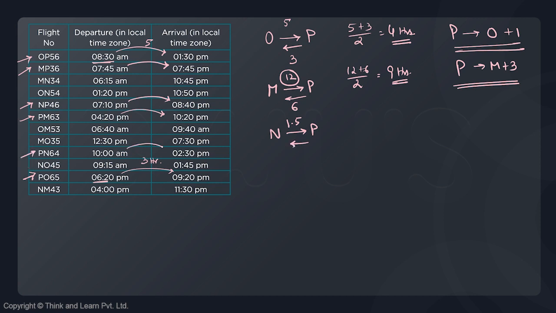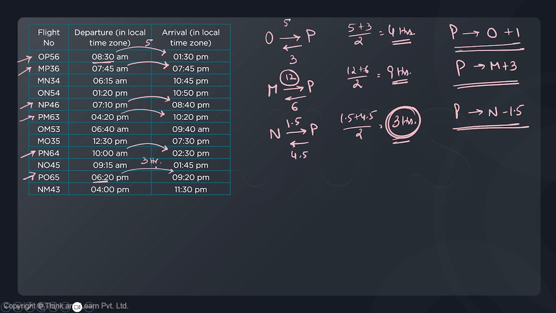It is taking 10 to 2:30, that is 4.5 hours. 1.5 plus 4.5 divided by 2 is 3. So 3 hours is the journey time between them. But it shows 1.5 here. That means P is 1.5 hours behind N. So I can say P is N minus 1.5. I hope it is clear.